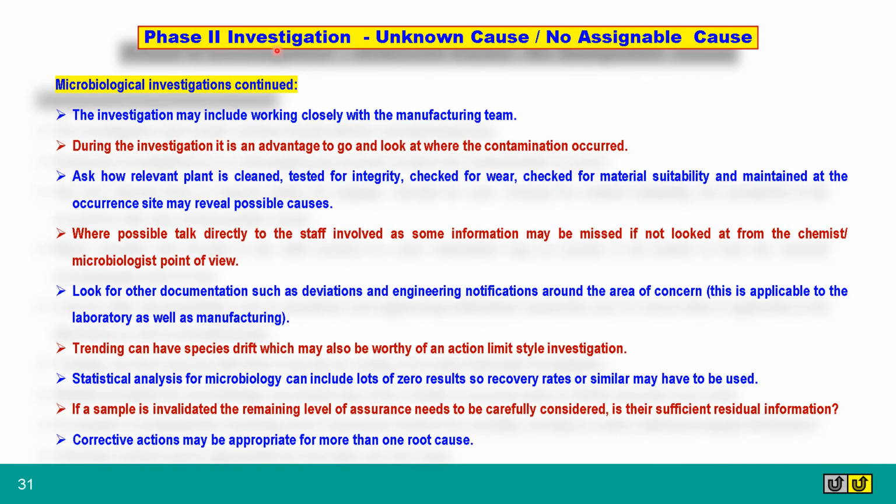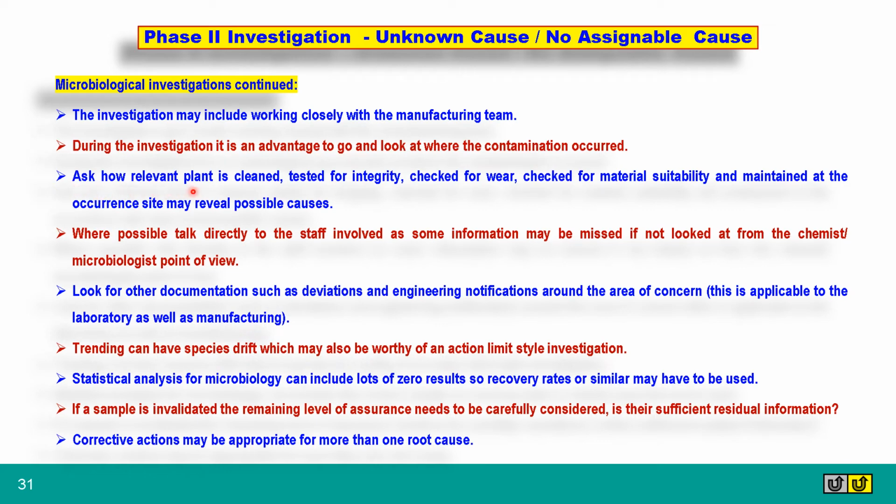Phase 2 investigation, unknown cause / no assignable cause. Microbiological investigations continued. The investigation may include working closely with the manufacturing team. During the investigation, it is an advantage to go and look at where the contamination occurred.